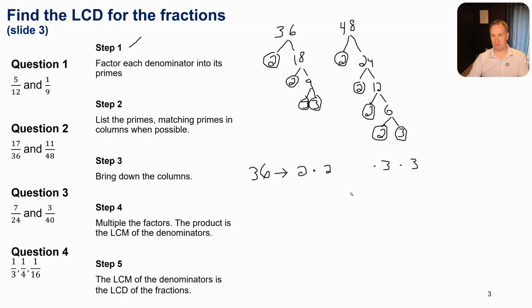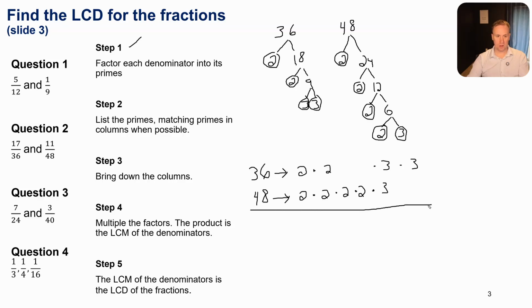And you might have to play around a little bit with the columns, making sure that you match them up, but I gave myself some space here. And 48 then can be written as a bunch of 2's. So 2 times 2, and then I have another 2 2's, times 2 times 2, and then it has 1 3 that it can match up.